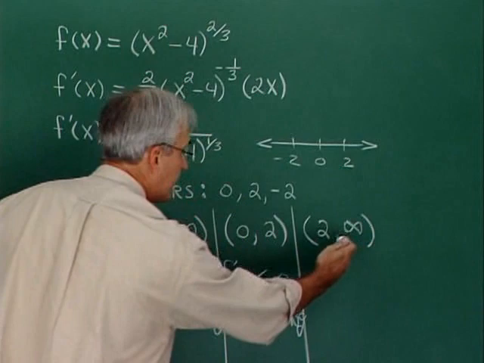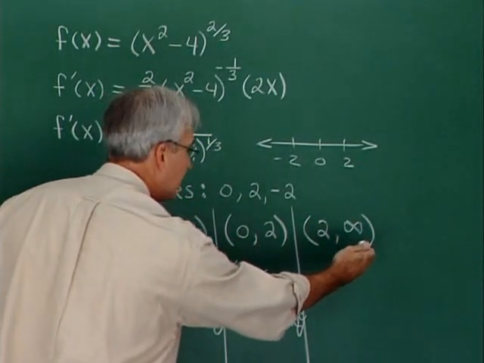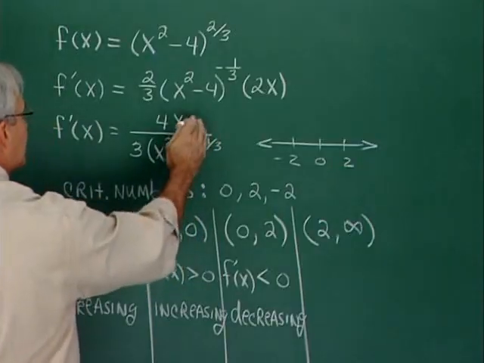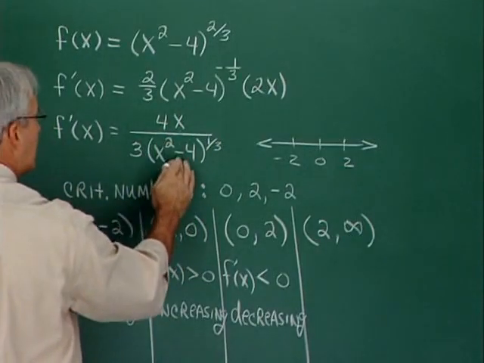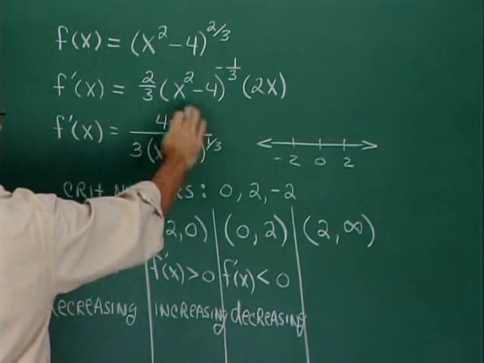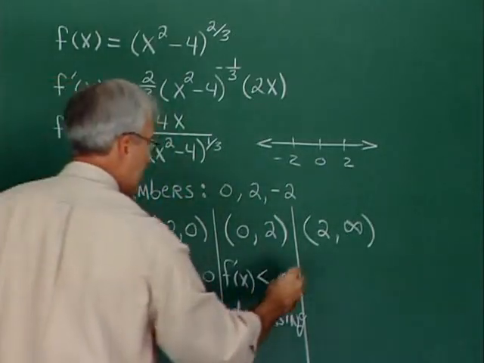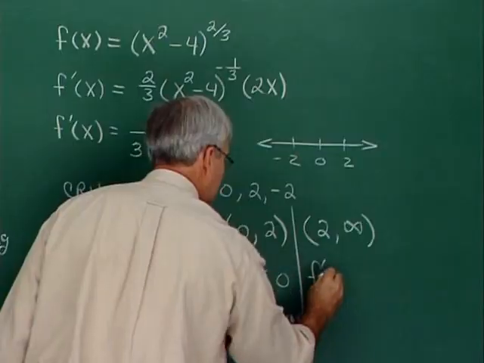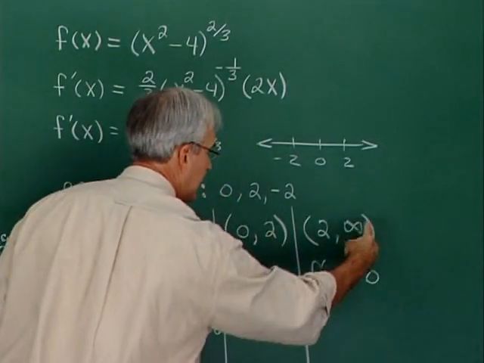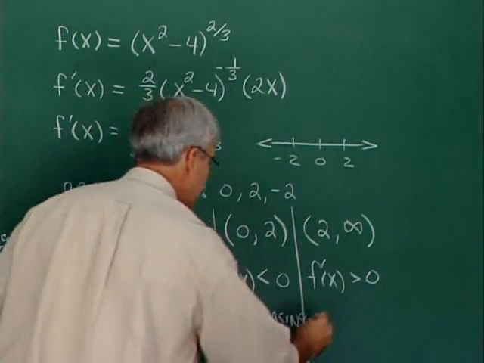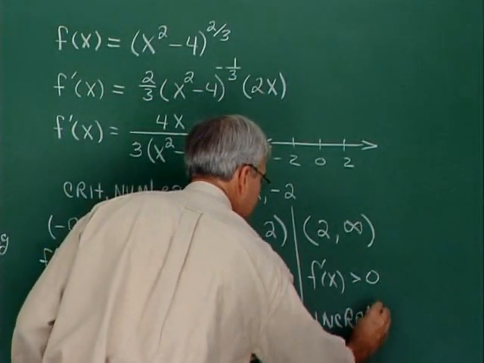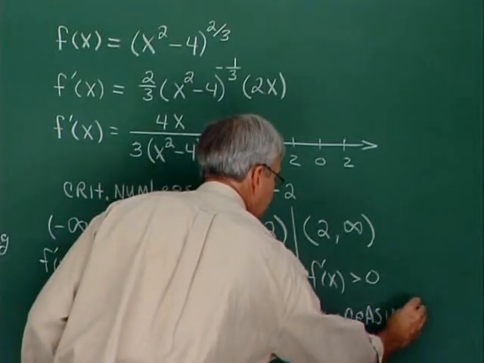And now we turn our attention to the next interval, for x values in the interval from 2 to infinity. Well, we consider just very big positive numbers, and when we put big positive numbers into the numerator, we get a positive value. Big positive numbers squared, -4, positive, cube root of that, positive, times 3, positive, positive all over the place. So the derivative function is positive for x values that lie in this interval, and we know then that the graph is increasing in that interval.